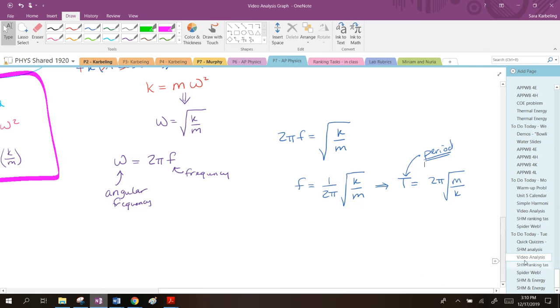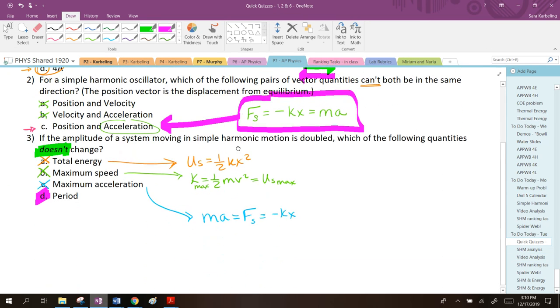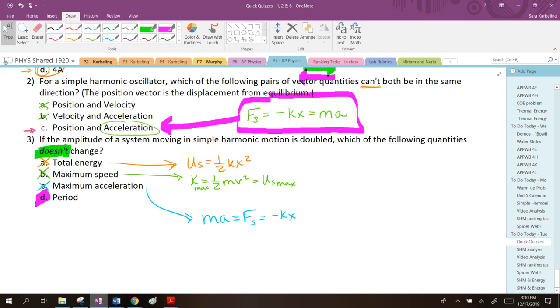And, bringing it all back, is it dependent on the amplitude? No. That's why the answer is D here. It just happened. Did you catch that? T is equal to 2 pi times the square root of m over k.